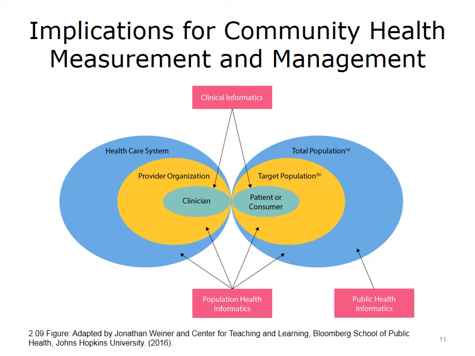Public health informatics focuses primarily on the application of health IT in support of government programs that are targeted at geographic jurisdictions. The growing new field of population health informatics cuts across both the community and healthcare system to focus on populations of individuals and providers who may or may not be defined based on geography.